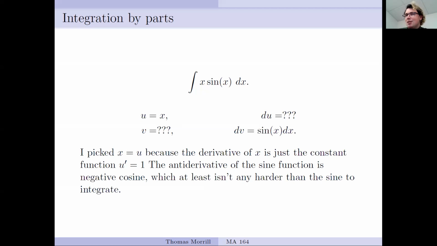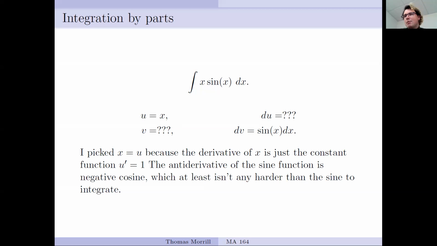That means, because I made that choice, the dv has to be my sine function. Strictly speaking, it's going to be sine of x dx. The differential comes along for the ride. That's my dv, so I put it in the bottom right corner there.